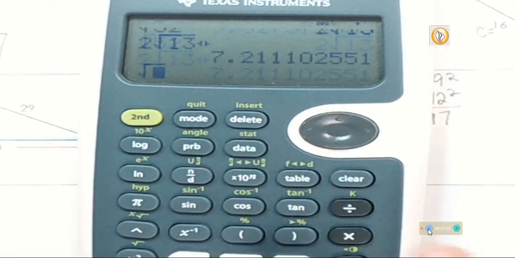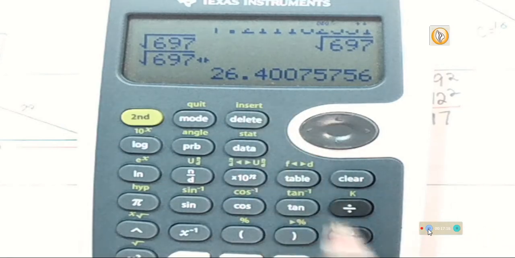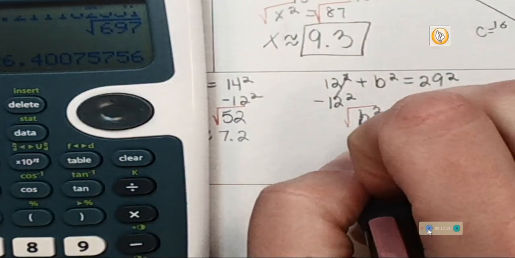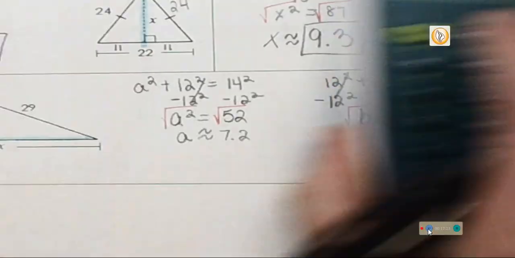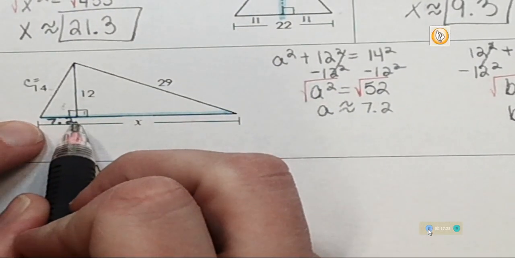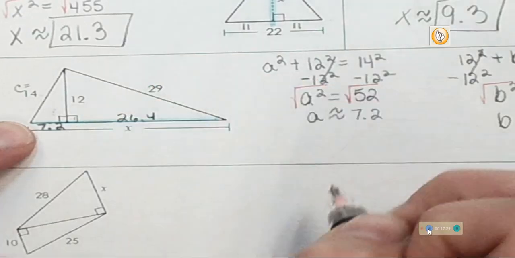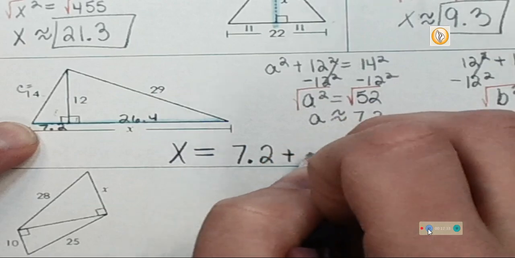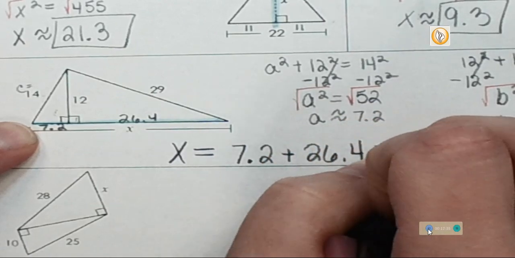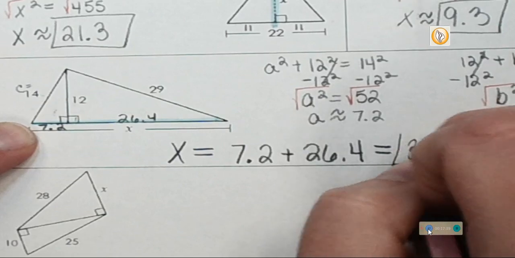So the square root of 697 turned into a decimal. Round it to the tenth place. What's a 0 going to do? Nothing. It's going to keep it the same. So it's approximately 26.4. So from here to here is 7.2. From here to here is 26.4. So what are you going to do to find x? You're going to add those together. And when you add those together, x is 33.6.